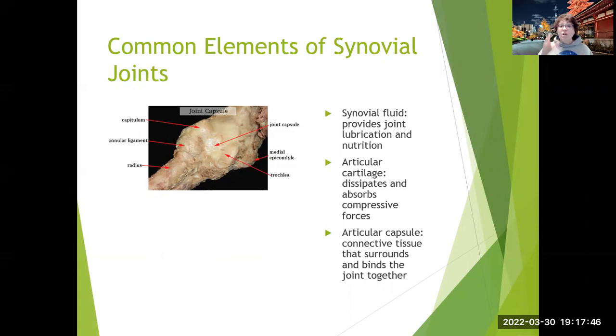The articular cartilage in the joint dissipates and absorbs compressive forces. That's our hyaline cartilage. So if you have little holes in something that dissipates and absorbs your compressive forces, you're getting more compressive forces, right? The articular capsule is connective tissue that surrounds and binds the joint together. This picture is a cadaver picture of the articular capsule of the elbow, and you can see it's beefy.